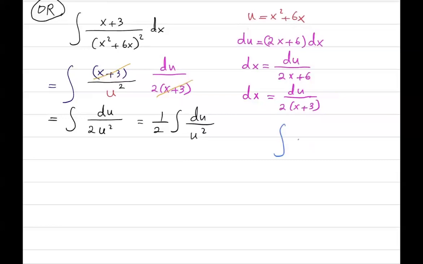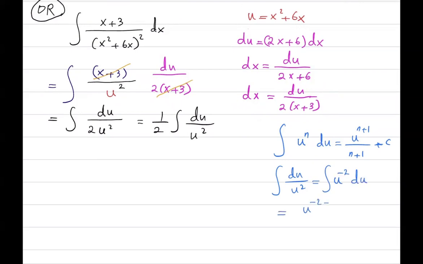Since the integral of u to power n du is u to n plus 1 divided by n plus 1 plus c, the integral of du divided by u squared can be written as the integral of u to power negative 2 du, or u to power negative 2 plus 1 divided by negative 2 plus 1 plus constant of integration, or negative 1 divided by u plus c.